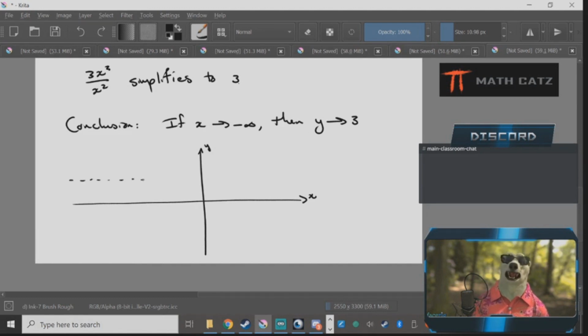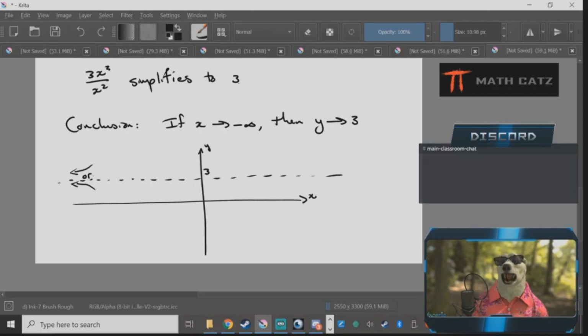They are approaching the horizontal line that is sitting at 3. I don't know how. It could be from above. It could be from below. That's also not something I should be worried about right now.